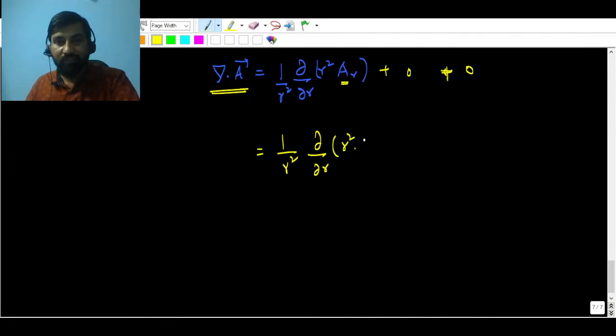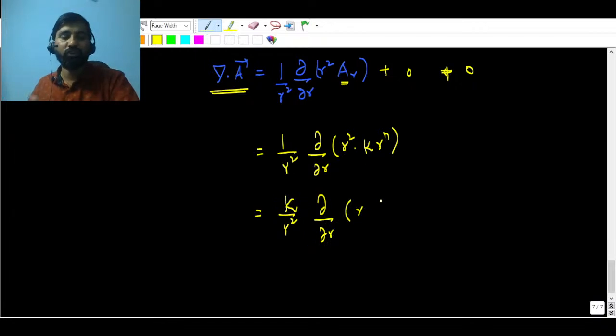Yes, so R square and the R component is given, right? Magnitude, that is k times R to the power n. So further if you solve, this is going to be del by del R, and this k you can take outside because k is constant, and this is n plus 2. I hope this makes sense for everyone, right? Now you can differentiate. You have to do partial differentiation here.